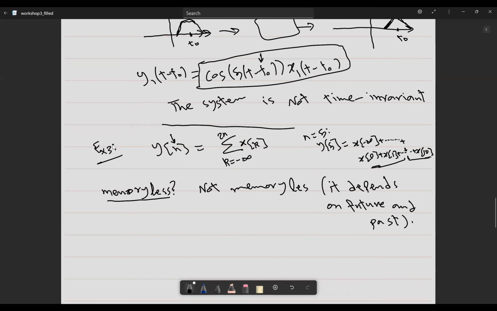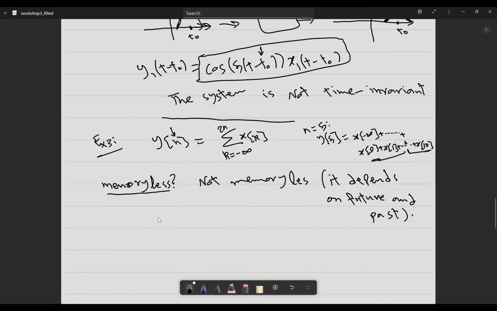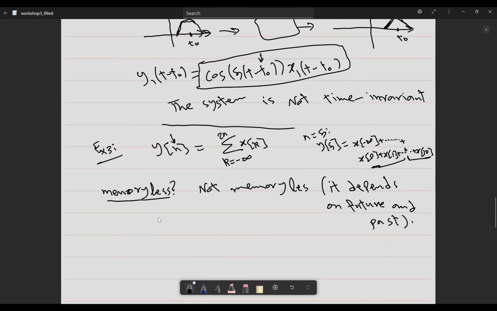Is this system stable? No, because it's unbounded in the negative, it goes all the way from negative infinity. Right. Because even if xk is bounded, this summation will not be bounded.